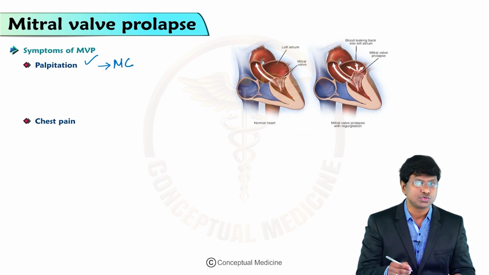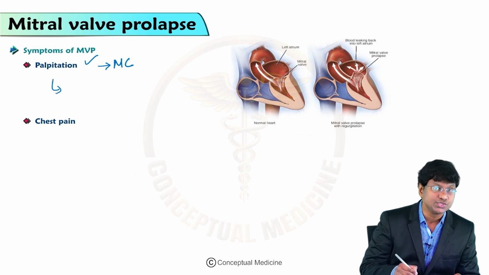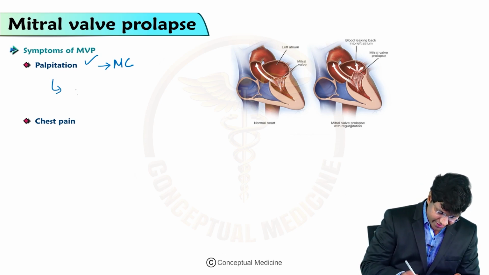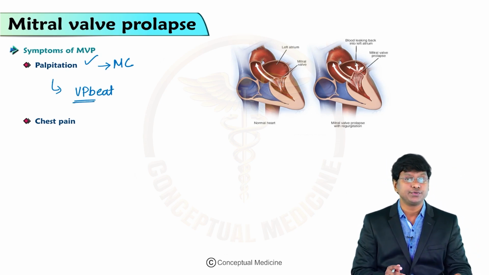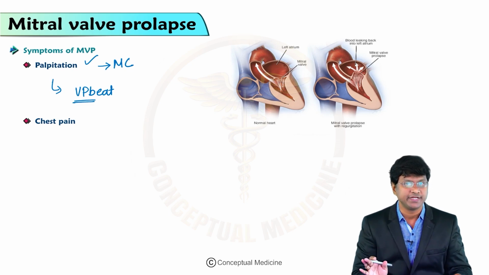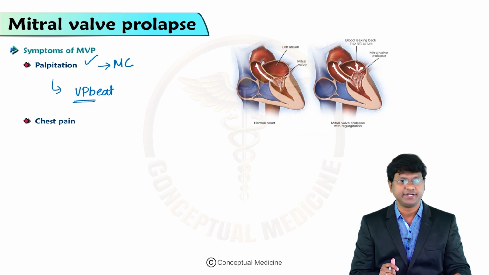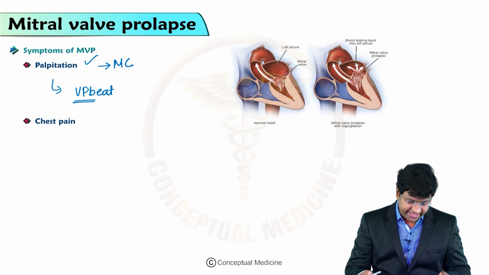Now, what will be the source of palpitations? That is usually due to ventricular premature beats, which are responsible for the development of palpitations. Now, why do these ventricular premature beats occur? Let me explain.